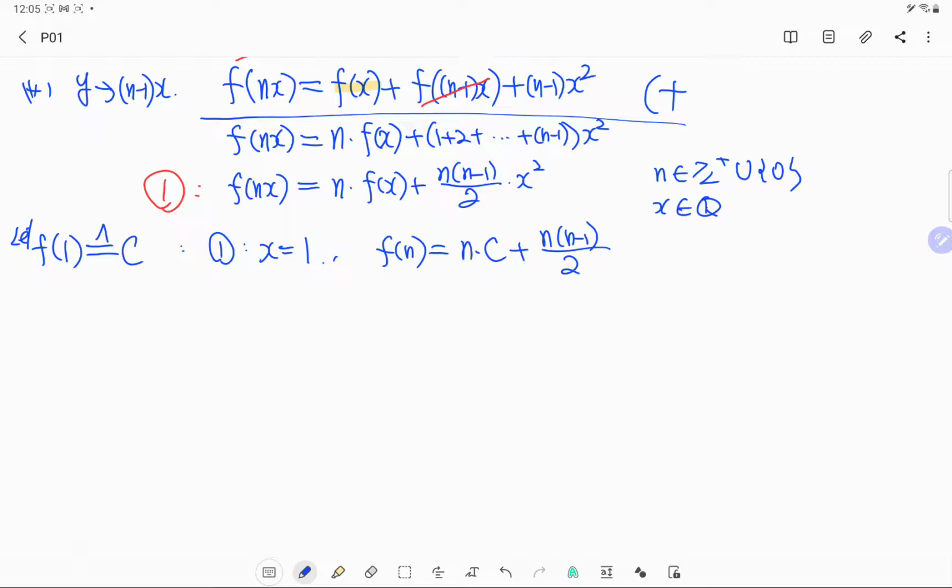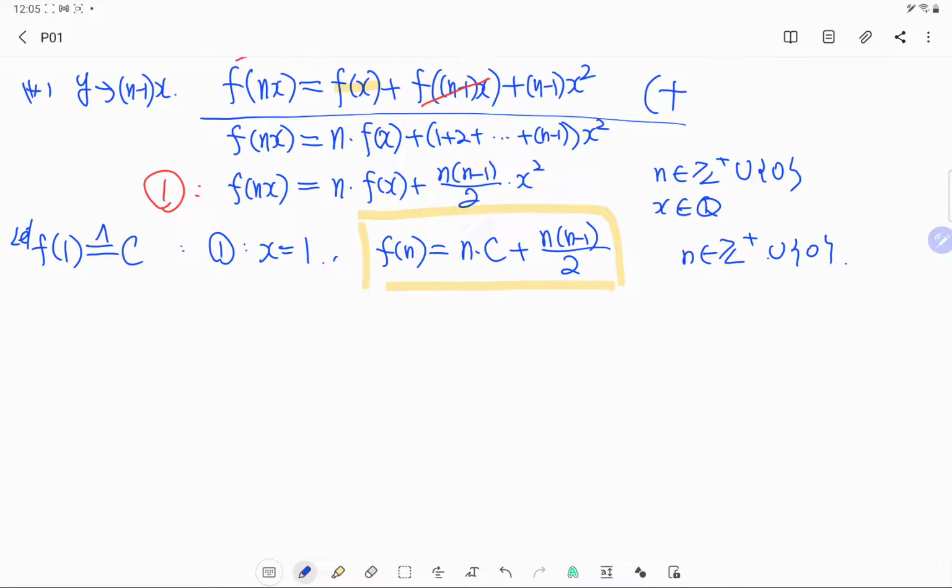Okay, so we come up with this expression for n a positive integer, and also 0.